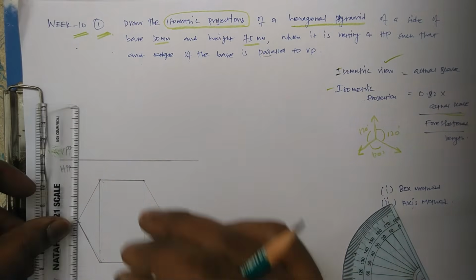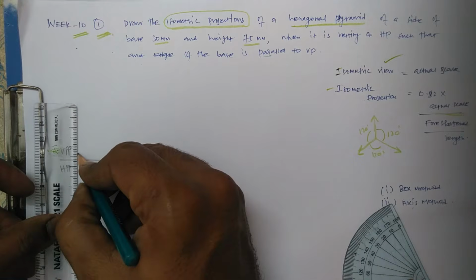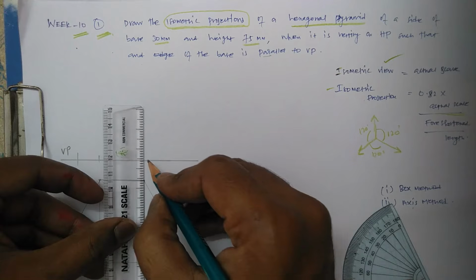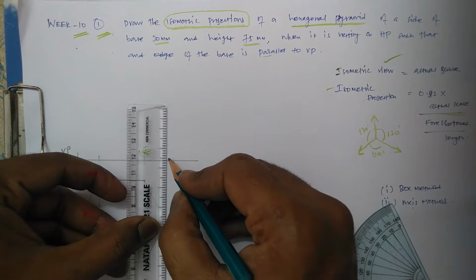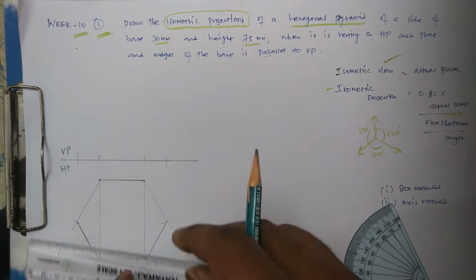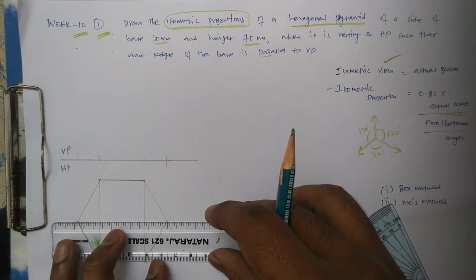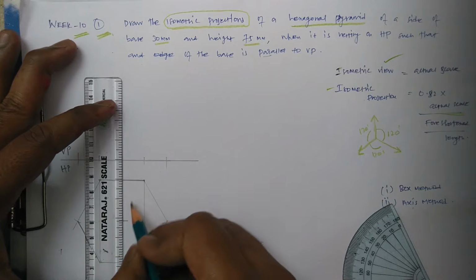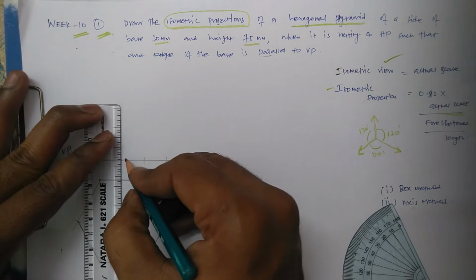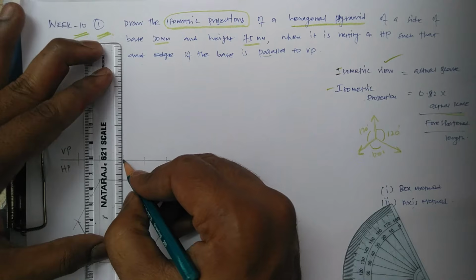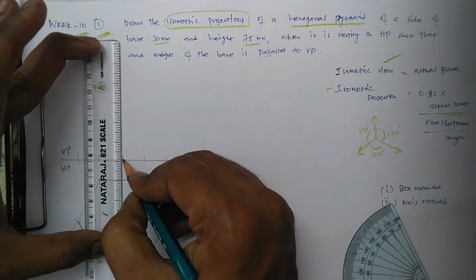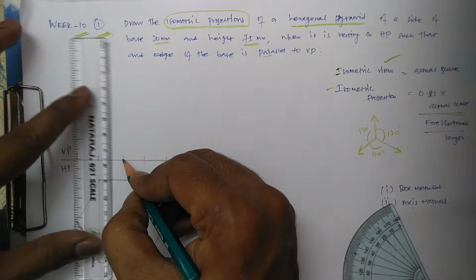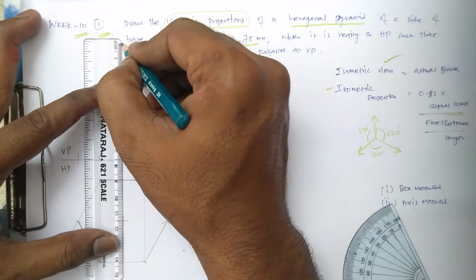Erect a vertical line so you can identify the axis. Anyway, it will occur in this region. This is 15, so the axis must be here. The height of the pyramid is 75, up to here.